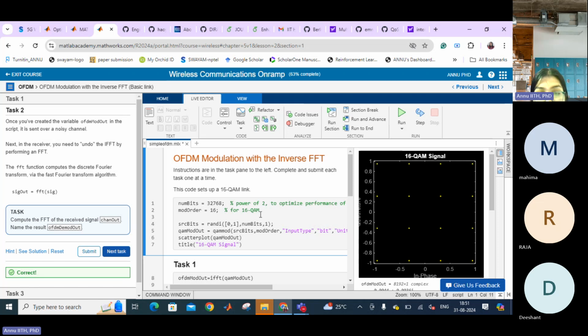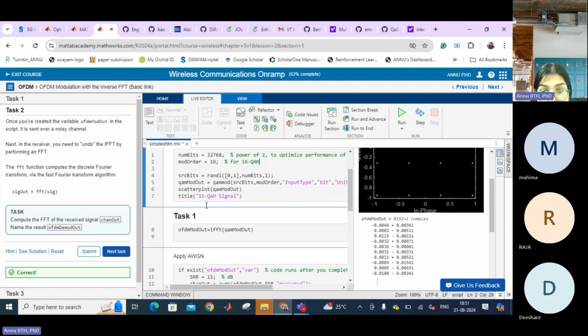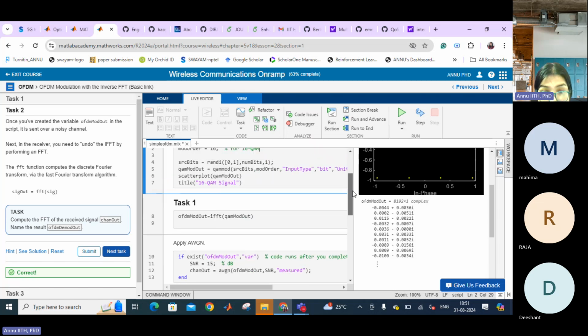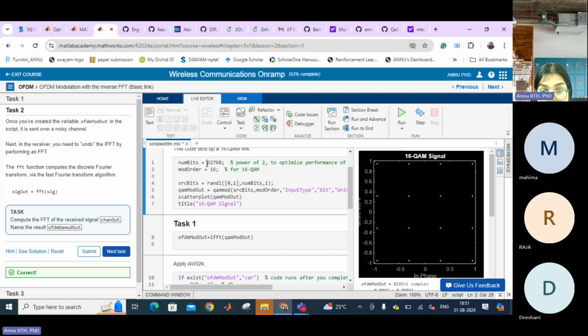Because the QAM is 2 power 4, one symbol is considered 4 bits. So if you divide by 4, you get the number of bits after modulation. After modulation it is divided by 4, and then after modulation you are doing FFT. You can see that in the modulation diagram, then you are doing FFT. So that's why the size is the number of bits divided by 4.